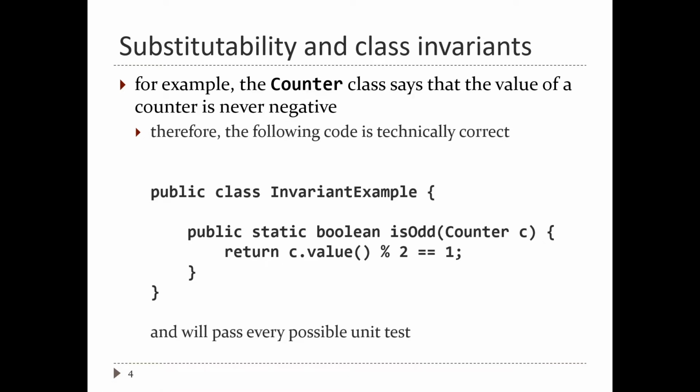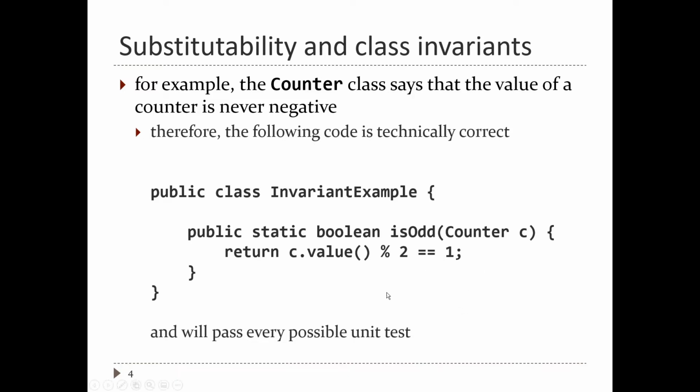Now, you can argue that this implementation is a poor implementation. The implementation fails whenever the value is negative, because a negative number, taking the remainder with any number, the answer will always be negative. So -1 divided by 2, computing the remainder, gives -1.